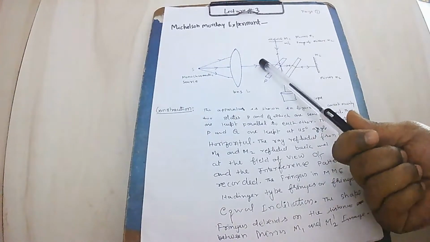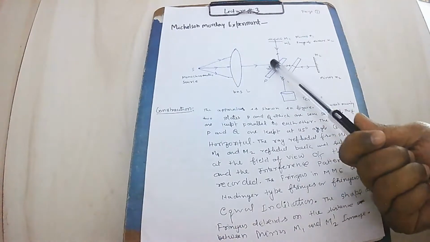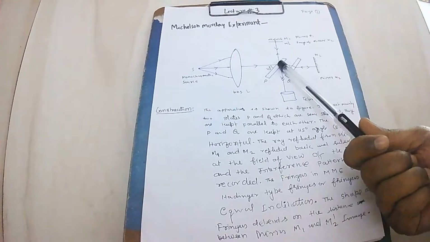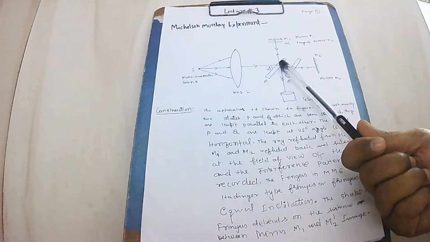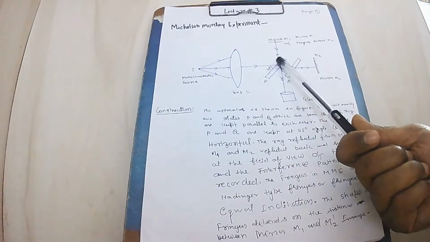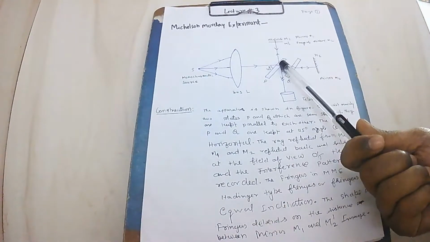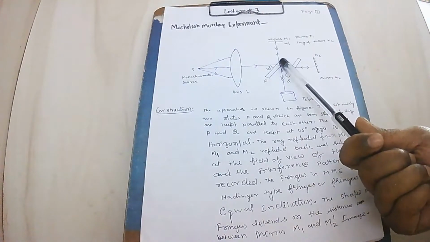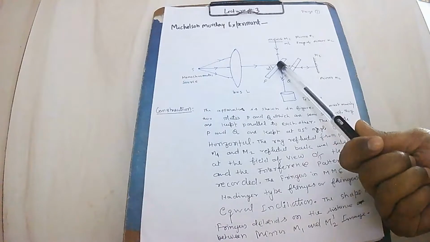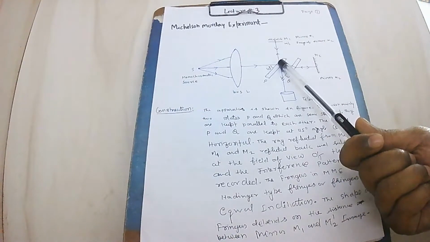As we know, the ray is incident and reflected from the inner surface of the plate P. Then it travels a distance equal to the thickness of the plate P. If this plate has refractive index mu, the distance travelled in this plate is 2 mu t, because whenever light travels in a medium, its distance is multiplied by the refractive index.